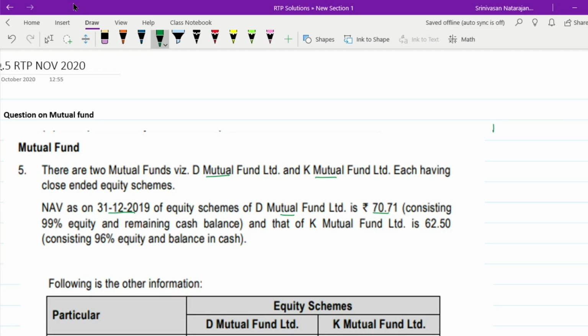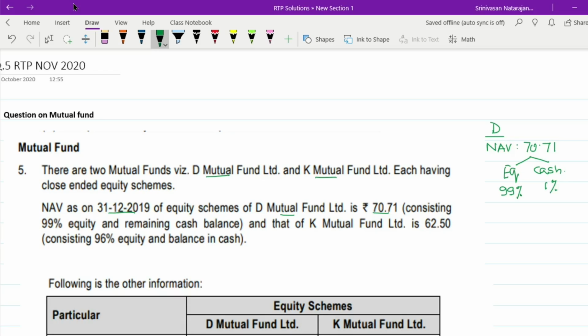That means D mutual fund NAV is 70.71, which is split into two components, that is equity and cash. And equity they are saying is 99%, therefore cash is 1%.